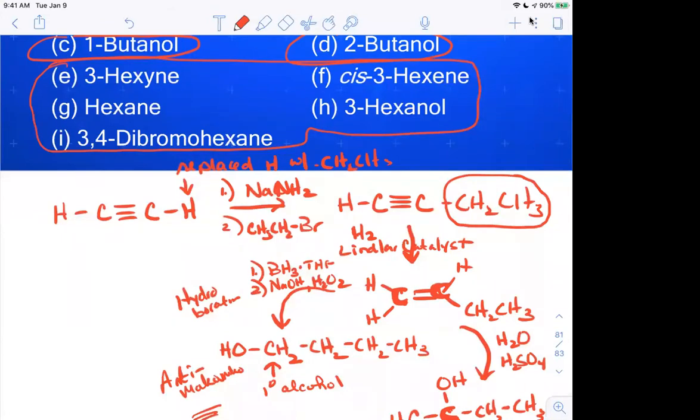You have to know the stereochemistry when that's applicable, especially in cycloalkane or cycloalkene systems. There are a lot of things you have to know. But this is the higher level of cognitive ability, trying to create these molecules from simple things. You have to know your reactions really well to understand this.